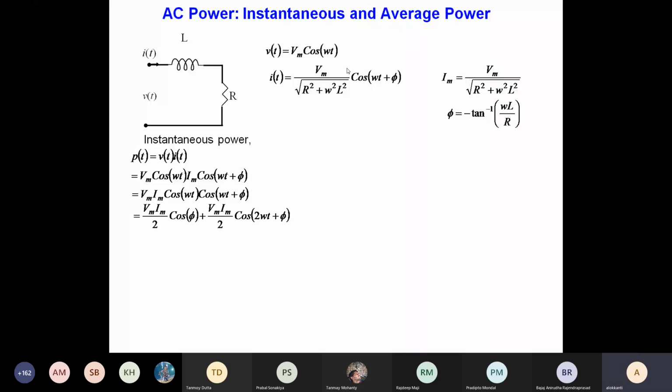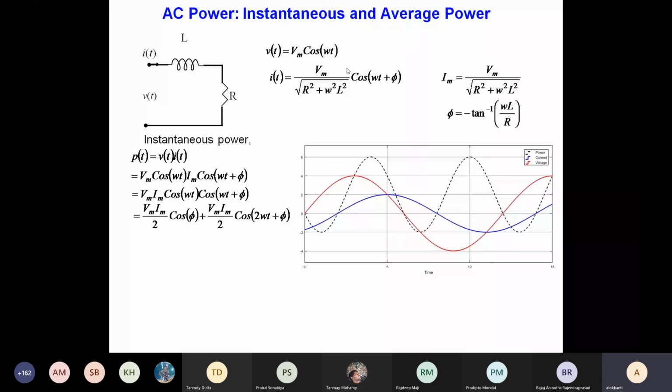So if you plot it, you will get something like this. What I have shown is that the red is the voltage and the blue one is the current. The voltage and the current are both sinusoidal, but the current is reduced in magnitude as well as shifted in phase, and we have plotted them on the same graph, so we see that there is a shift. But see the power.